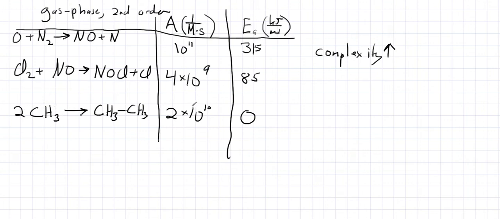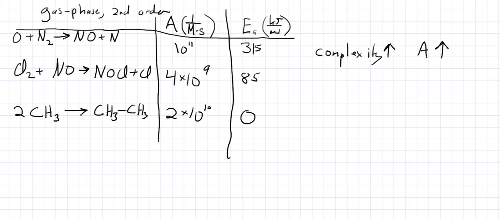And notice the one with, by far, the biggest pre-exponential is the one where it's just a simple atom attacking. That actually makes sense, because if A is a measure of how hard it is for the molecules to get oriented in the right position to react, the more difficult it is, the smaller A is. Over here, the oxygen atom, of course, is a sphere, so we don't have to worry about orientation at all. We only have to worry about orientation with regards to how this molecule is oriented.